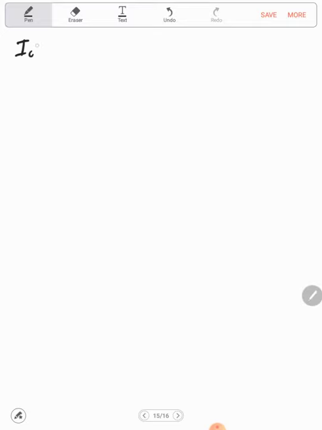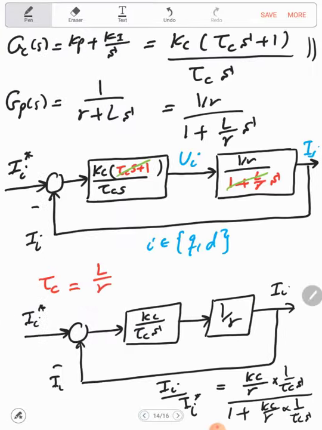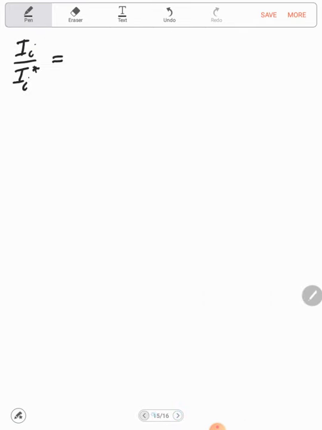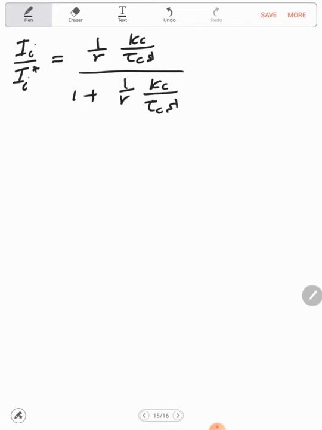I over I star, which is the ratio of the output over the input, which was 1 over R multiplied by KC over tau C S, over 1 plus 1 over R KC over tau C S.